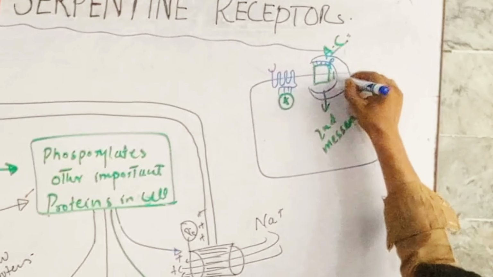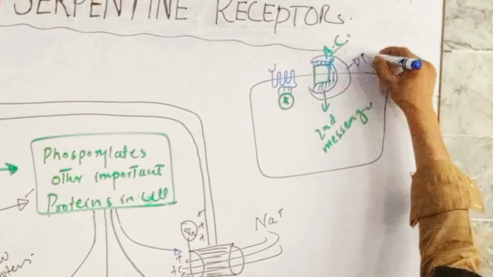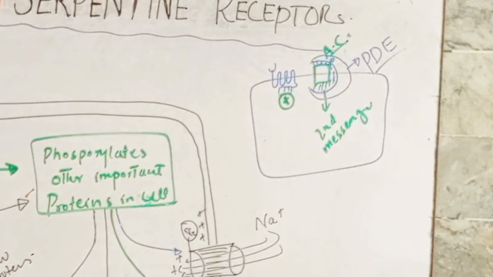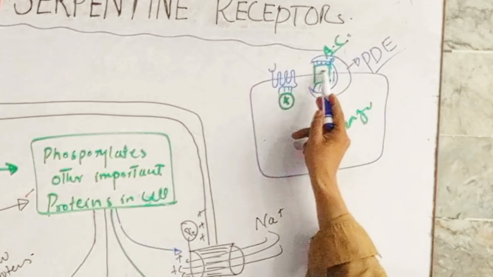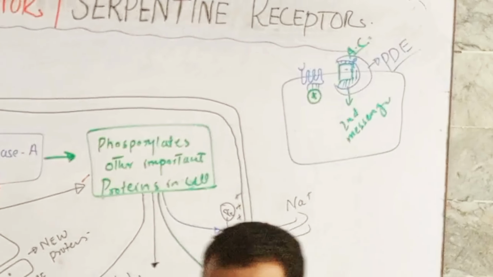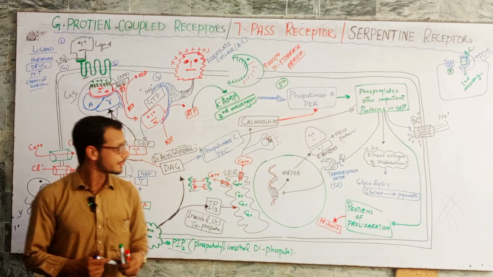This phosphodiesterase enzyme, PDE, is responsible for deactivation of adenylate cyclase, phospholipase C, and PIP2. Right? This is so simple.